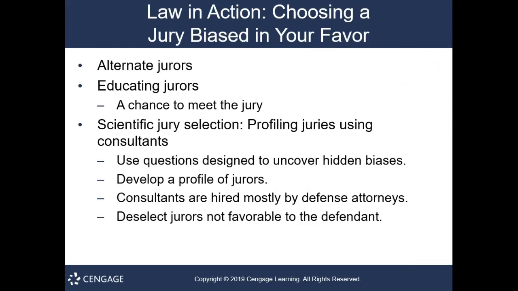All right, law in action. Let's look at choosing a jury biased in your favor. How do you actually do that? Well, first you pick alternates that will hopefully be good. You pick both jurors and alternates that you think are at least not biased against you, and then you start educating jurors that are actually in the box, and you do that through your voir dire process.